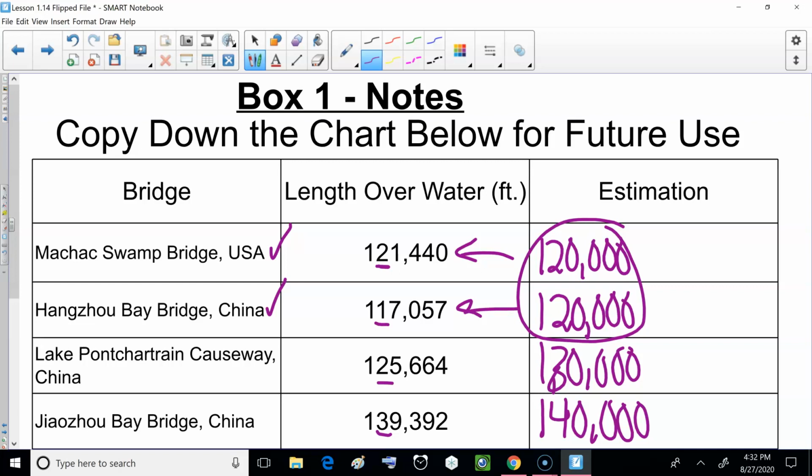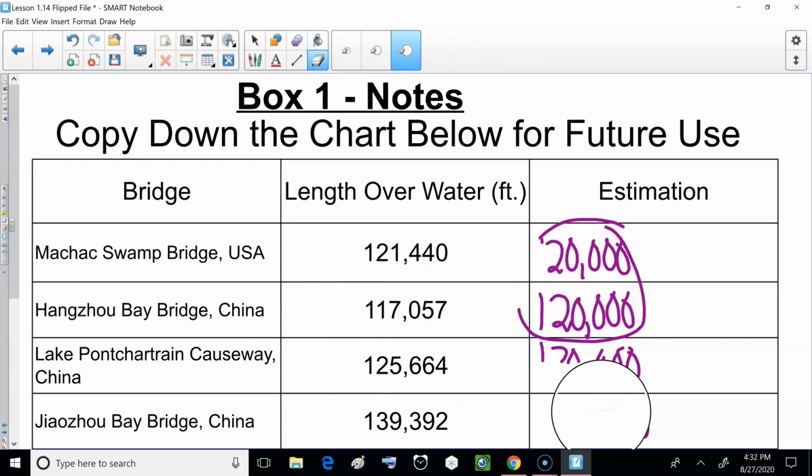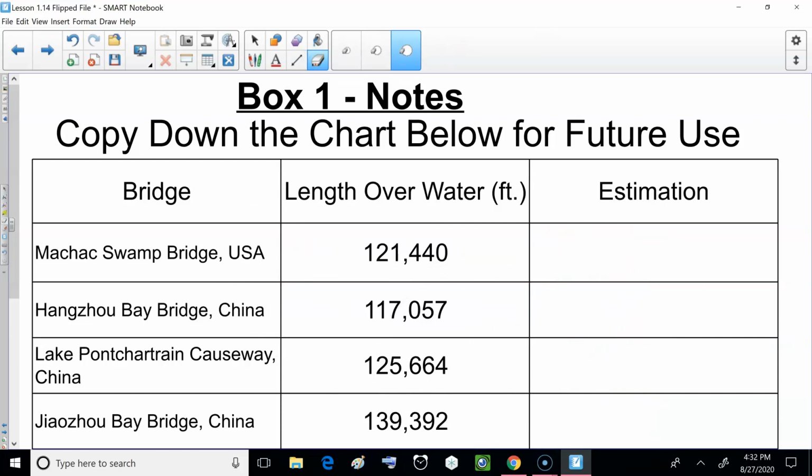So maybe let's try the nearest 1,000. We'll erase this information and go to the nearest 1,000. So we underline our thousands. We're going to look at our hundreds category and do some estimation.